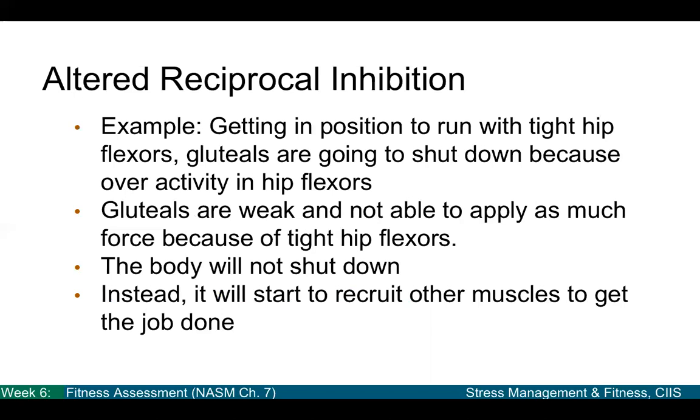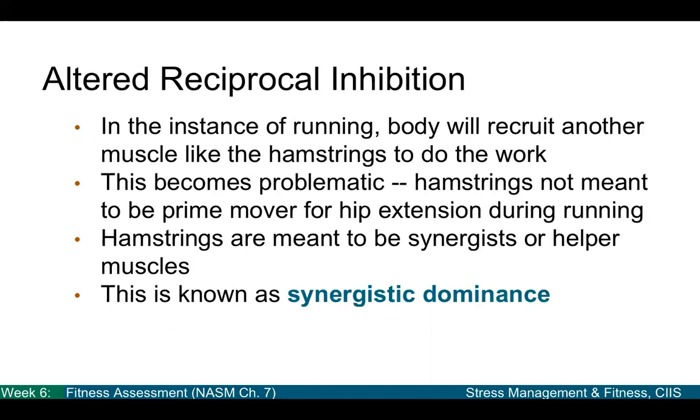So the wrong muscles are going to be engaged, leading to injury. Also, in this instance of running, the body will recruit another muscle like the hamstrings to do the work. This becomes problematic because the hamstrings are really not meant to be the prime mover for hip extension during running. They're just supposed to be helper muscles.